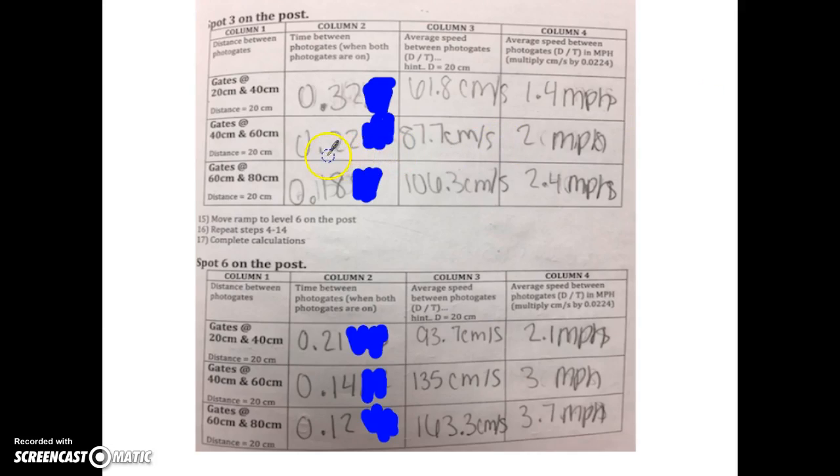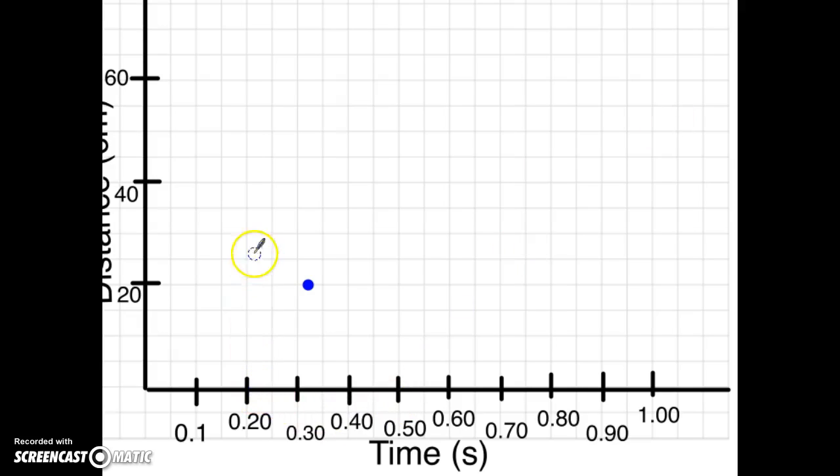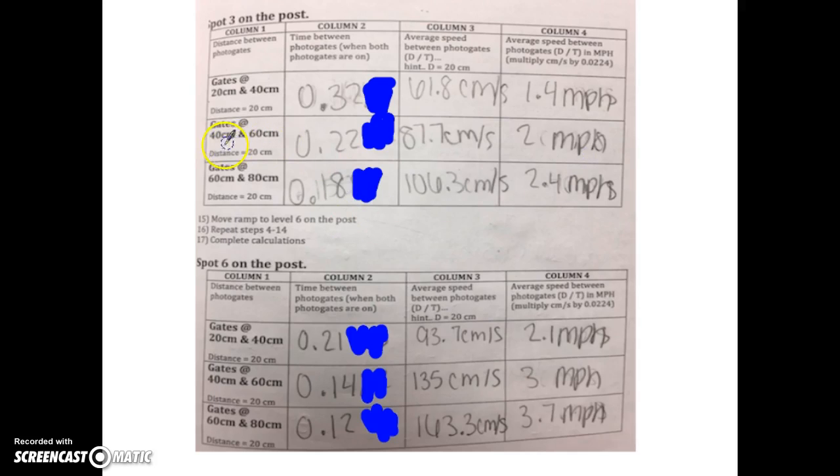I'm not going to graph 0.22 because that would be over here showing that I was going backwards in time. That didn't happen. Instead, if you notice that we went down the ramp, really what happened was it took 0.32 plus 0.22 seconds to get to this section of the ramp.